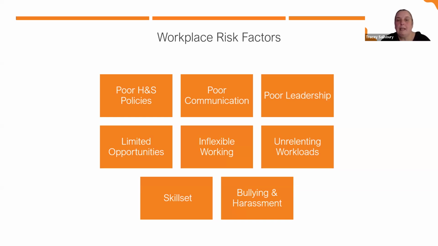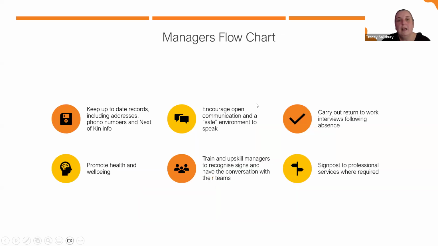Look at flexible working, how much autonomy do they have over what they do? Obviously, keep an eye on people's workloads, consider their skill set, can they actually do what you're asking them to do? And obviously, you may get relationship issues, bullying and harassment. All of those things can affect somebody's state of mind, can affect somebody's performance, which ultimately will affect their attendance. So just think about all of these things.